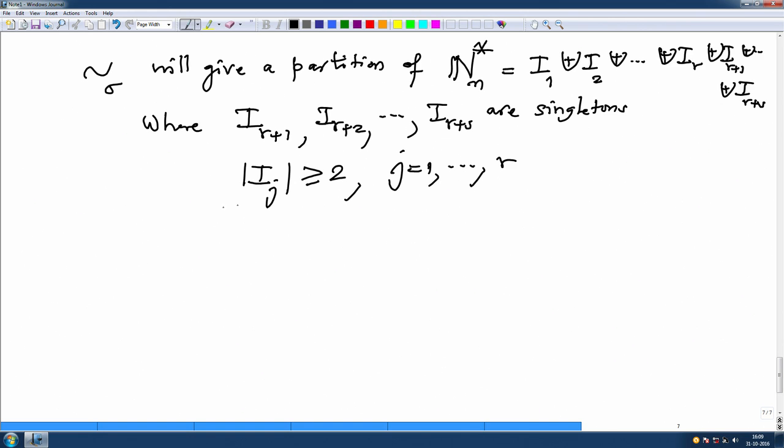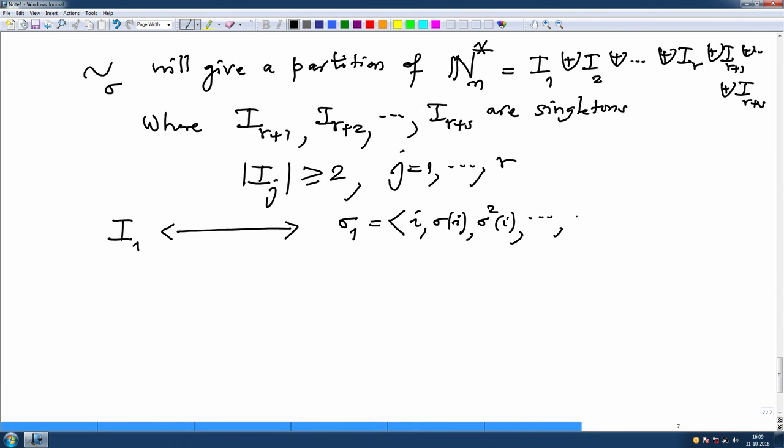Each one of them, I_1, will correspond to sigma_1, which will be a cycle. What cycle? You start with any element i of I_1, then apply sigma to that, that is sigma of i, then sigma square of i, and so on, and then there will be a time where you will have to come back to i.